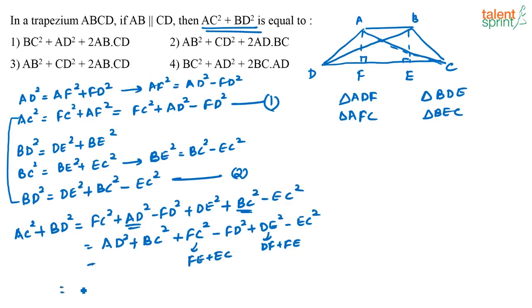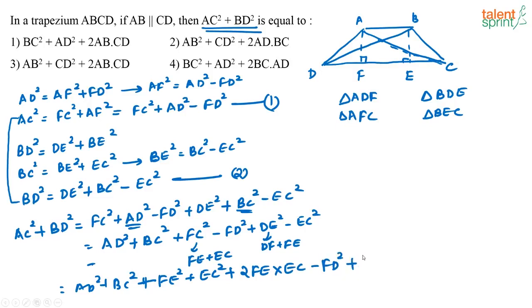I will get AD squared plus BC squared plus FE plus EC the whole squared, which you can expand as FE squared plus EC squared plus 2FE into EC, minus FD squared. Again here, this is DF plus FE the whole squared, which is DF squared plus FE squared plus 2DF FE, minus EC squared.